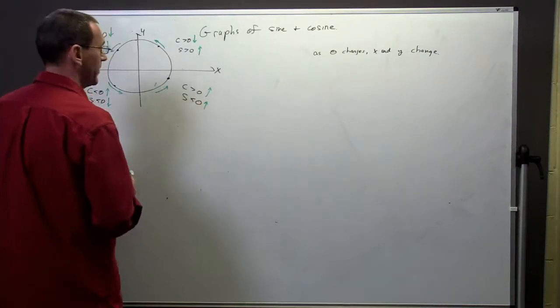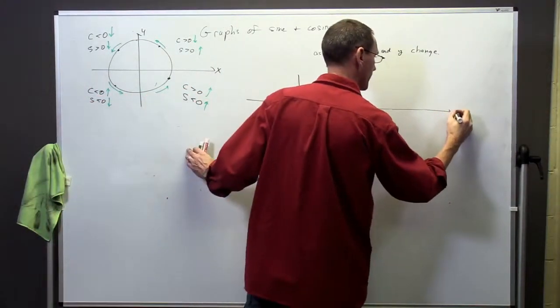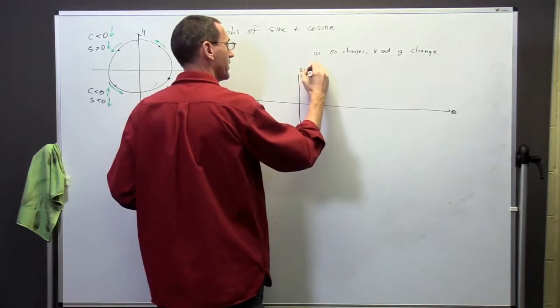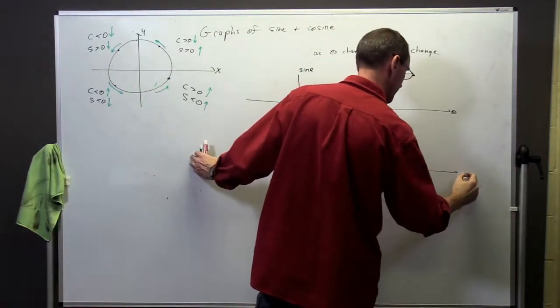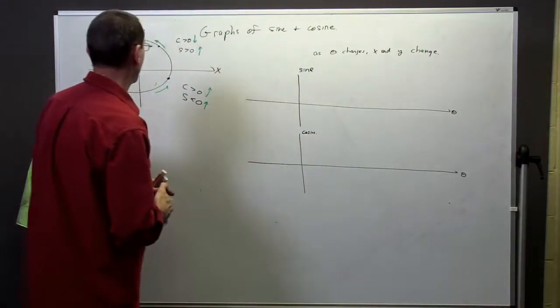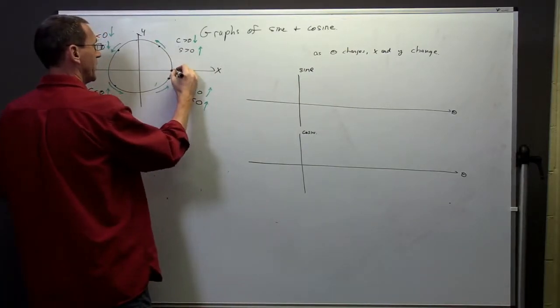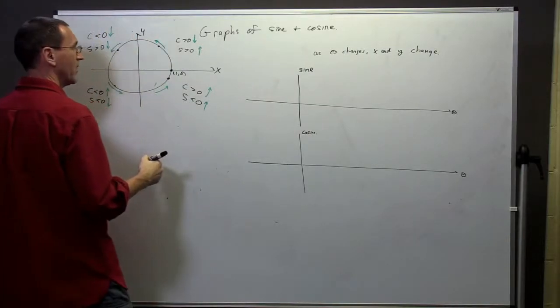Okay. So what does that mean? If I were to graph these things in terms of theta, what's going to happen? Well, this angle right here is at x equals 1, y equals 0. That angle's 0.